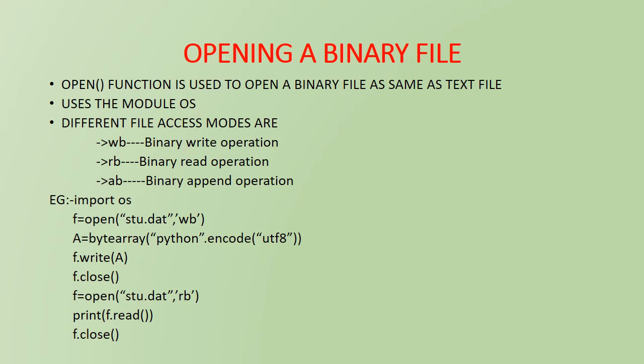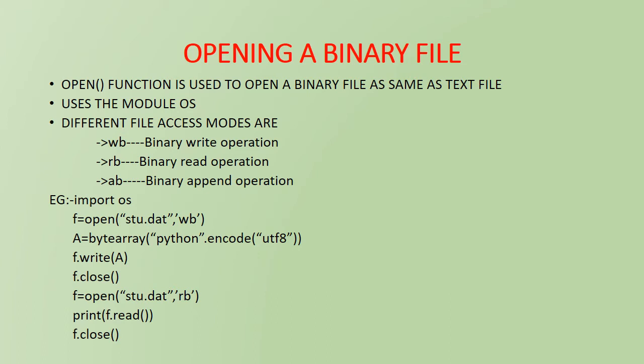We can also have other modes, WB plus, RB plus, AB plus, which allow us to write and also read. In the case of WB plus, after writing we are allowed to read also. In RB plus, after reading we can also write into the binary file, and AB plus means appending and reading.